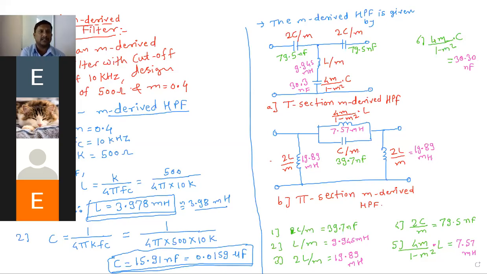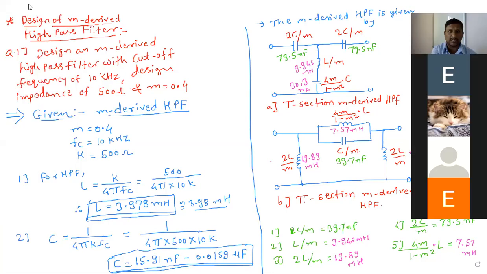If it is asked in a different way, how would they ask? Design an M derived high pass filter with a cutoff frequency of 10 kilohertz, and they will also mention the resonant frequency f alpha and the design impedance. Based on the cutoff frequency and resonant frequency, you can calculate the M value. That is the only extra step, as the M expression is already known.